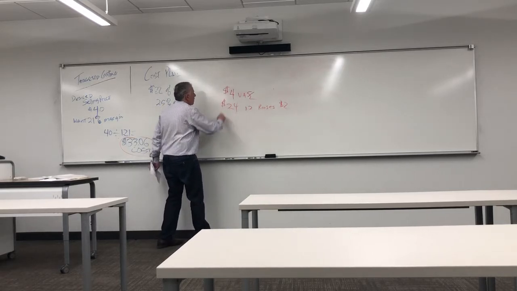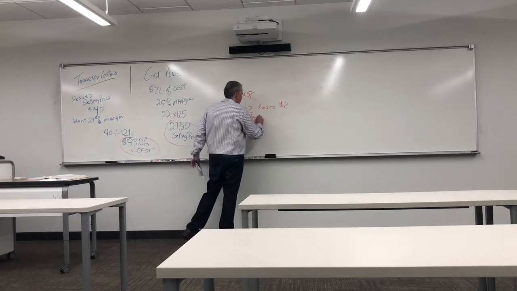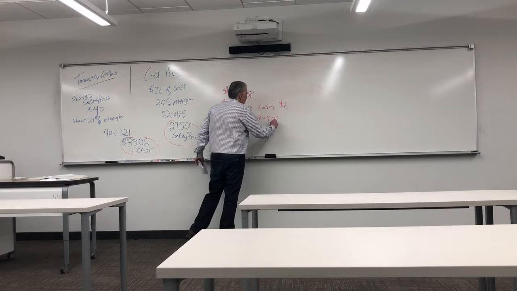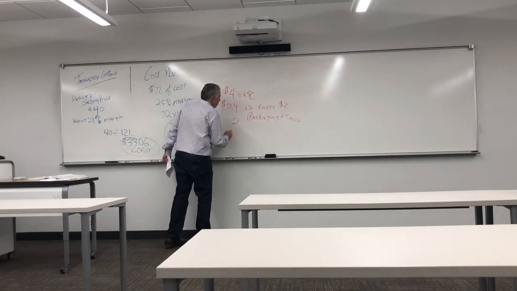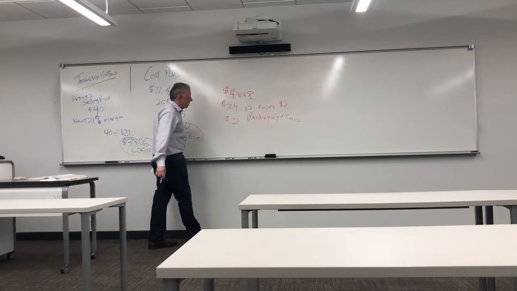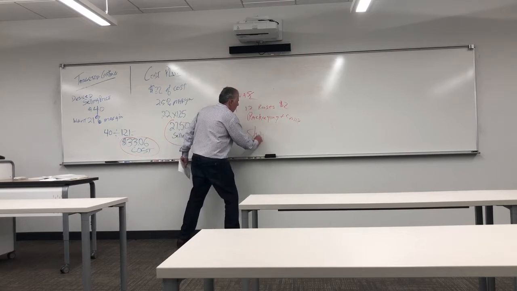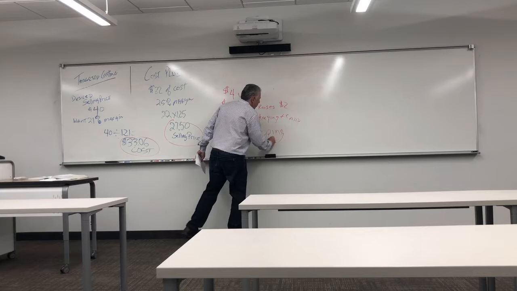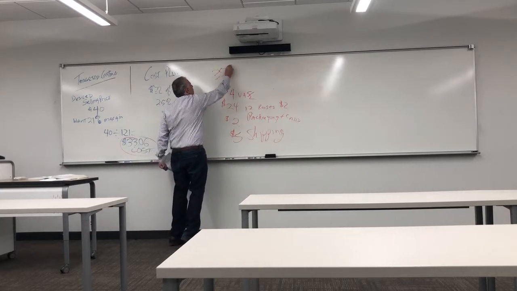All right, and you got some packaging and a card that you put in there, and those cost $2. So we're up to 28, 30 bucks, and then it costs you $5 for shipping. That's $35.